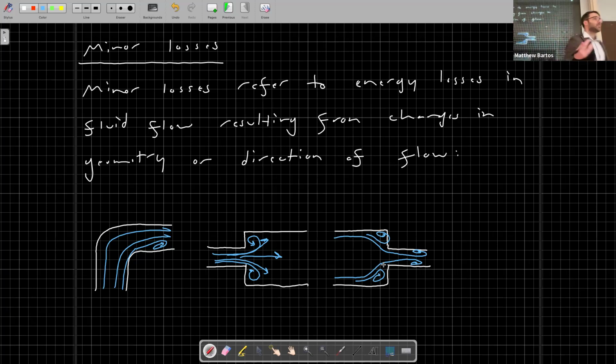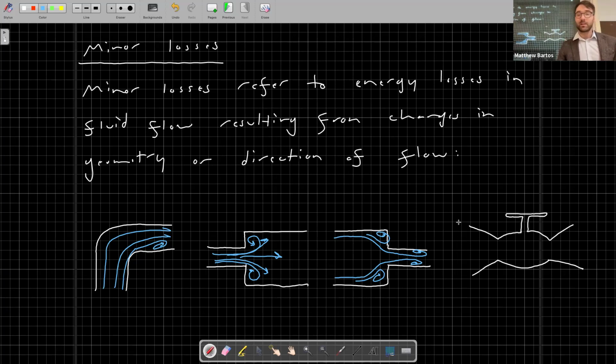And there's one last type of minor loss that I'm going to talk about. It's not really conceptually different from the other ones, but it's one that we often will have to treat separately, and that is losses in valves and other control structures. So let's say we have a valve. It's going to look something like this, kind of like a piece of candy.